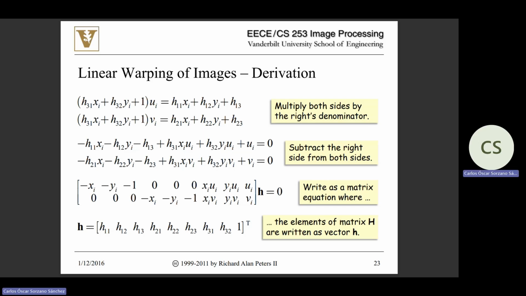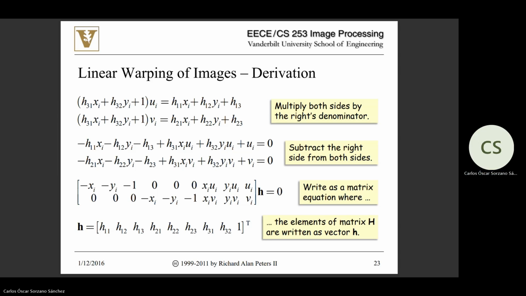UI here, it is coming from this product, so 1 times UI. So there is this one. This one is the full row multiplied by h. Yeah, the last element of h is 1.